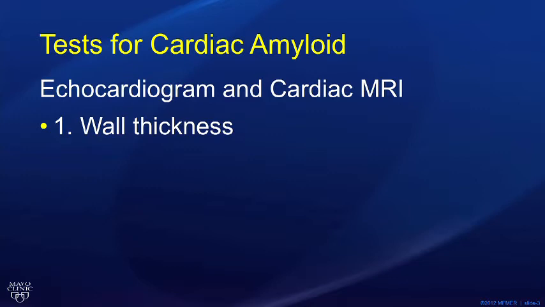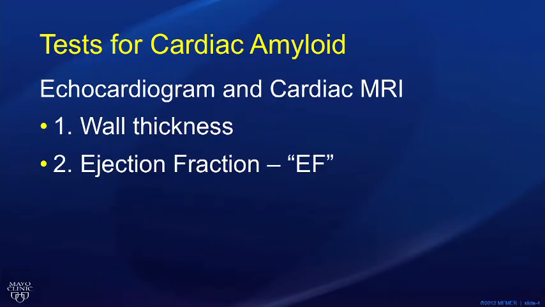However, it can be a little difficult to measure the walls real precisely. So the main thing I wanted to caution you about is, although it's a great test when we're first making the diagnosis, very small changes in the wall thicknesses are not necessarily something that we can use to follow your heart's response to treatment.